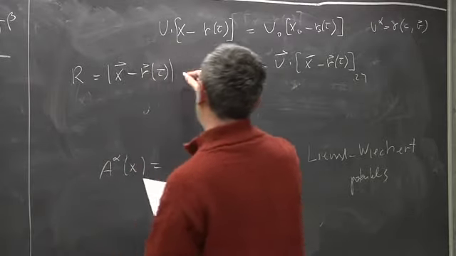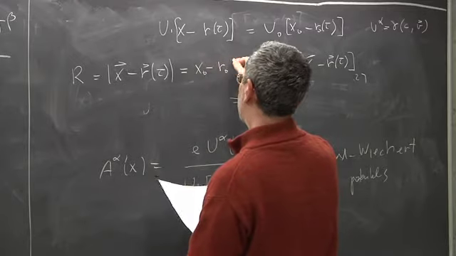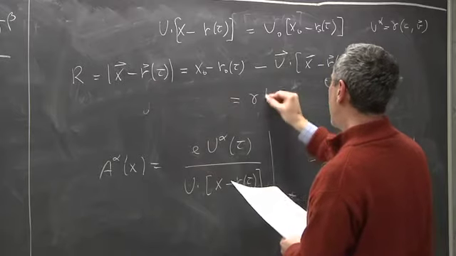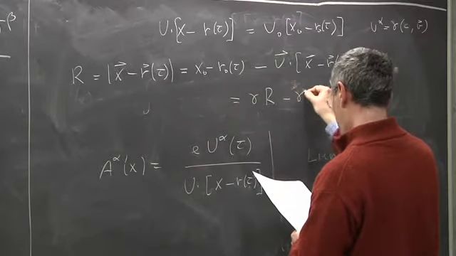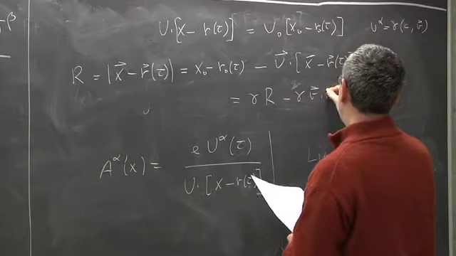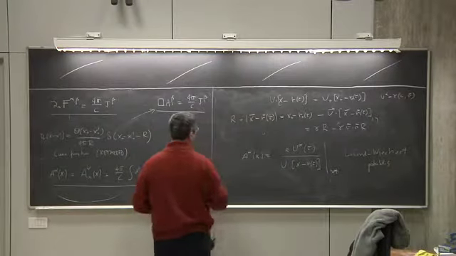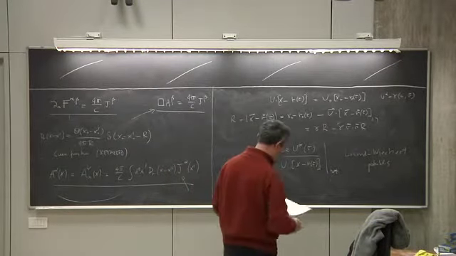This is on the light cone, so this is exactly equal to x naught minus r naught. So if I use this big R, this is gamma R, with c equal to 1, minus gamma v n R, where n is the vector, as usual, that points from the position of the particle to where you are computing the field.